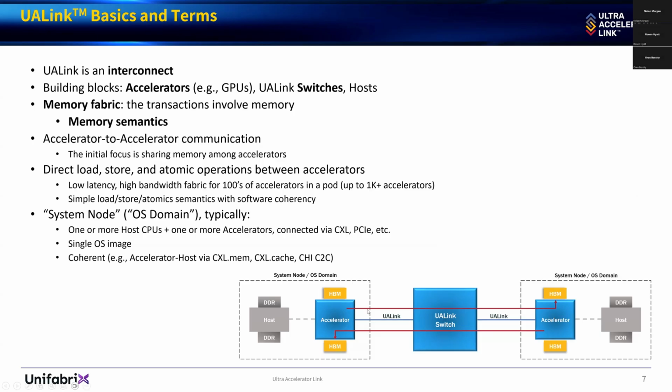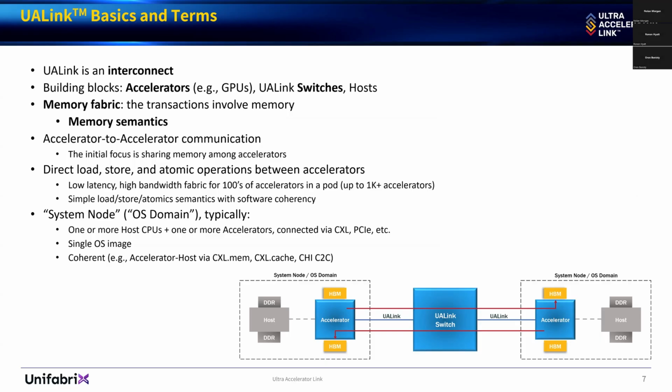So here in the figure below, we see accelerators that have their own HBM, high bandwidth memory, and each accelerator can go and read and write memory on the HBM of another accelerator. And it can do so with UALink using direct load, store, and atomic operations between accelerators at low latency, high bandwidth, and a large number of accelerators.